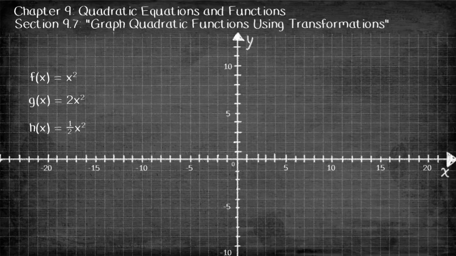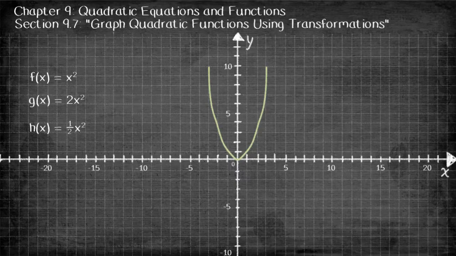All right, the next kind of transformation we'll look at is changing the coefficient of x squared. So again, we have our basic x squared graph, nothing terribly unusual about that. If we look at the equation for g of x, then I'm going to be taking whatever value I get on the graph of f of x, and I'm going to be doubling it.